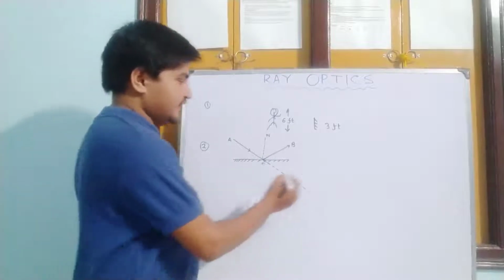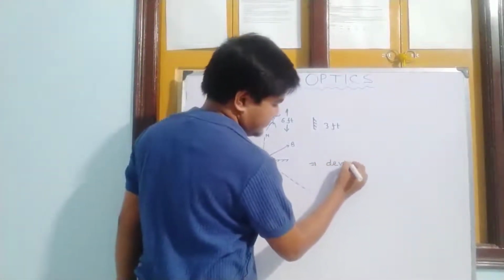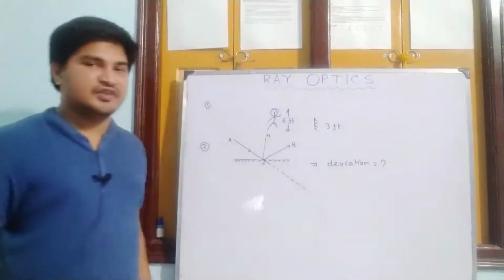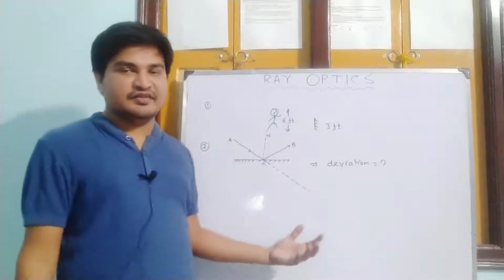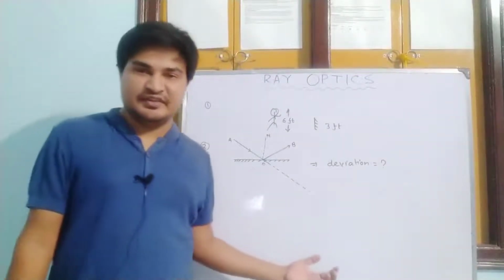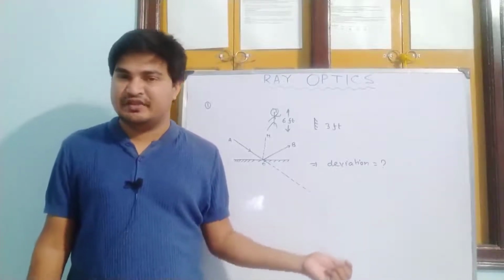So here we have to find out the deviation. What do you mean by deviation? Deviation is the angle by which the light ray bends from its original path.